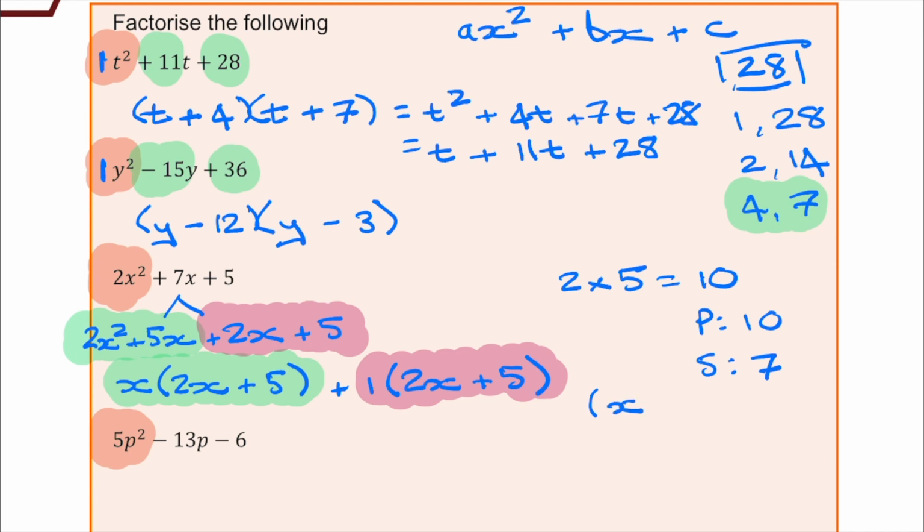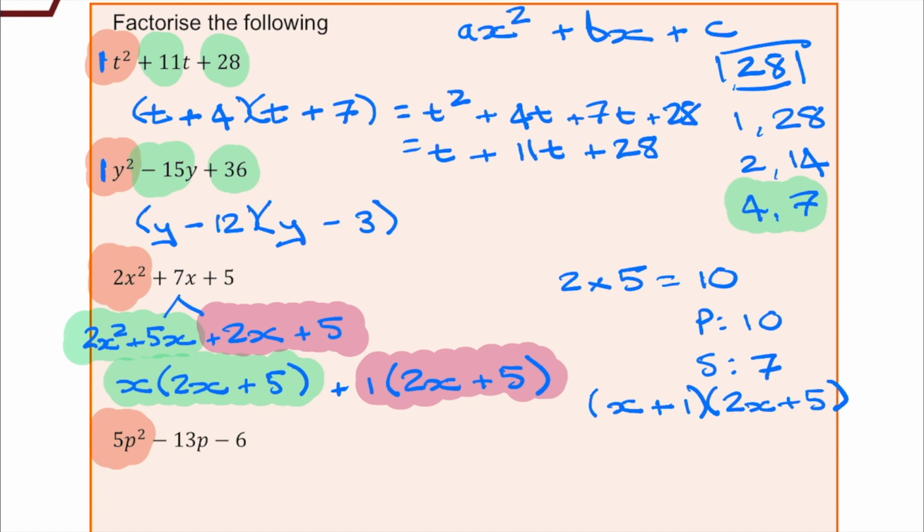So I've got an x on the outside of the first one, and I've got a positive 1 on the outside of the second. That goes in your first bracket, and then in the other bracket, you just put the shared bracket, which is the 2x plus 5. And then you factorise your non-monic quadratic. So there are quite a few steps to doing that, but those steps stay exactly the same on every single non-monic quadratic, and they will always work.